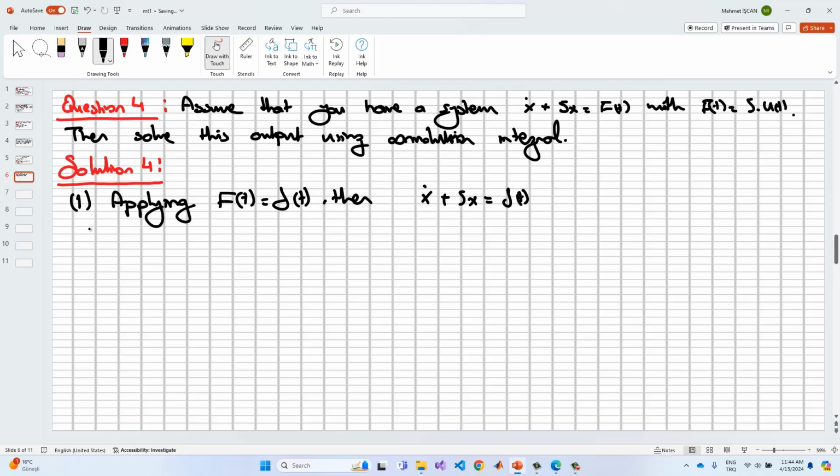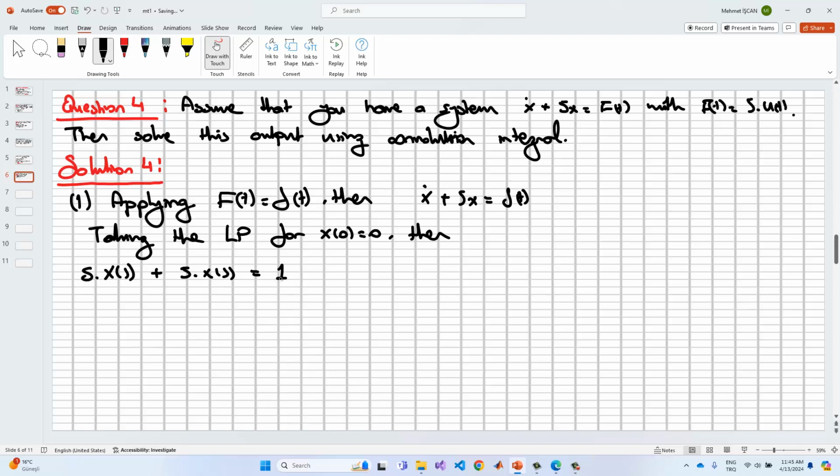Okay, and so taking the Laplace transform, with x(0) equal to 0, we get sX(s) plus 5X(s), which is equal to 1, just like in the previous example.